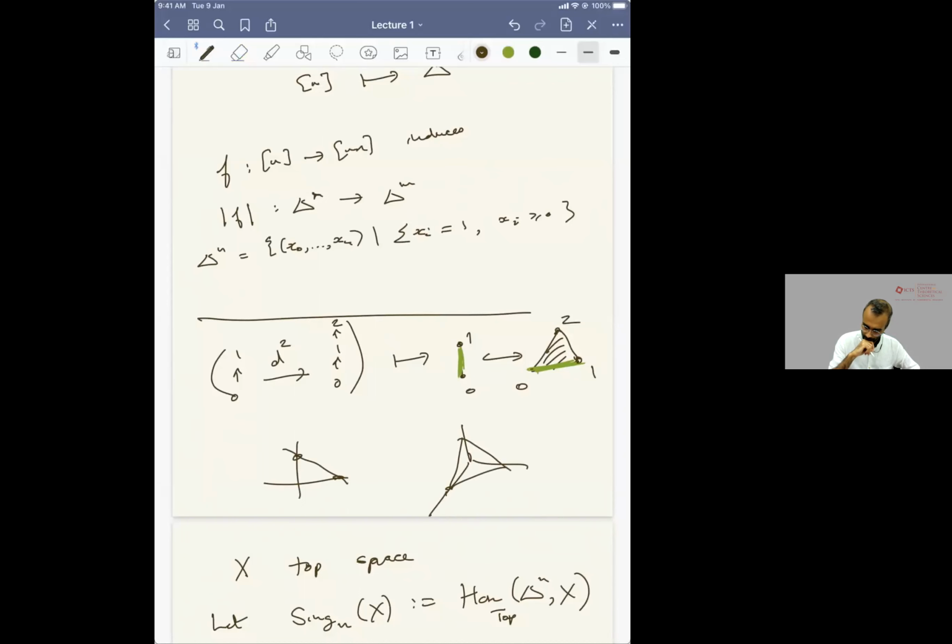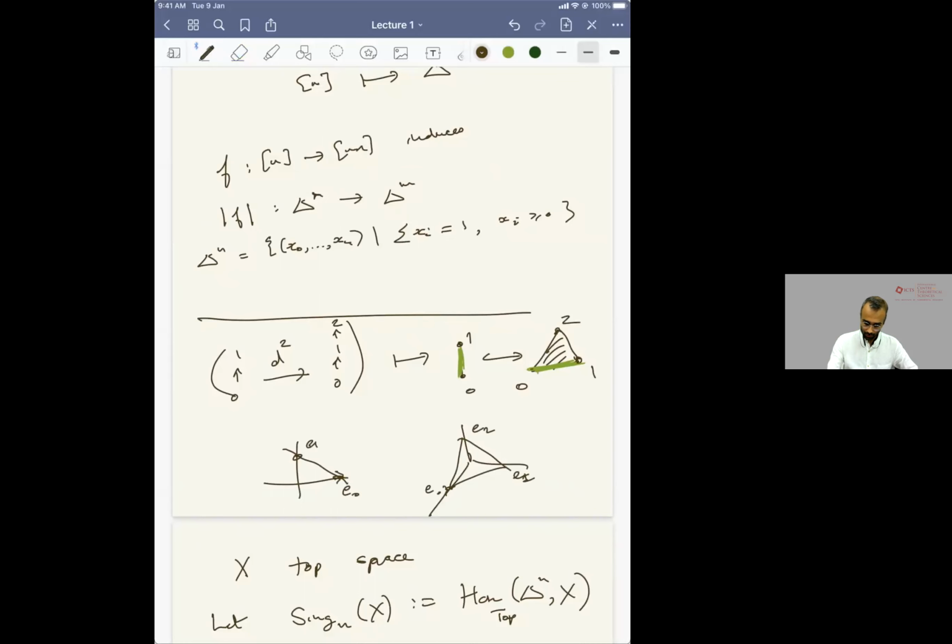Or maybe what I wrote first was, how to write this? I'm sorry. Just e0, e1, and here I have e0, e1, e2, and so I map e0 to e0, e1 to e1.